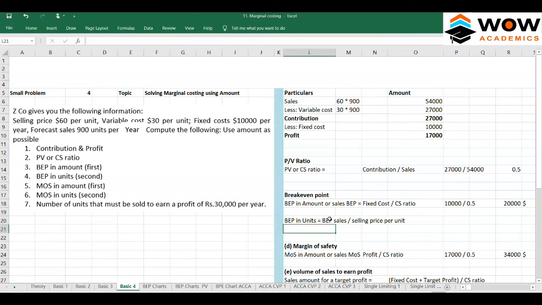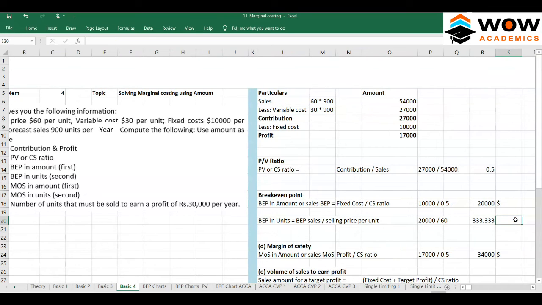So let's use it in that manner. So 20,000 divided by, what's the selling price per unit? Selling price per unit is 60. So we will break even in this number of units. So that also we have done.